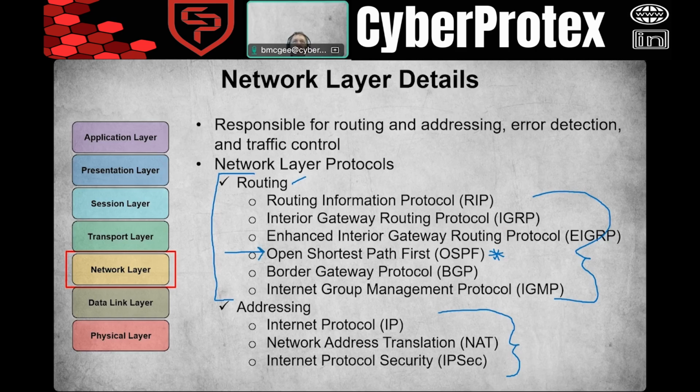Open shortest path first. That is typically the way that modern day routers will work. And if you've never seen that before, hold on a second. We'll get into talking about some of these here in a second.